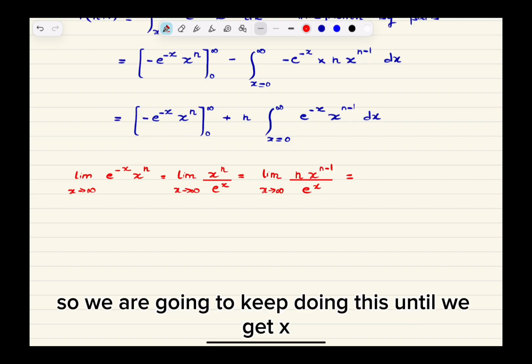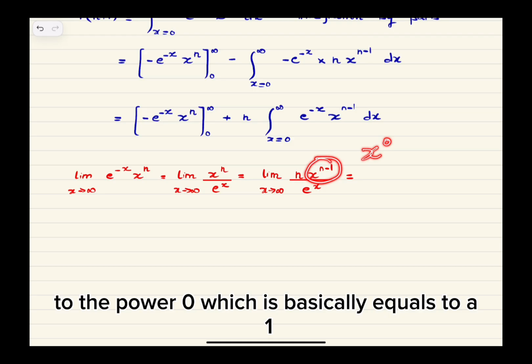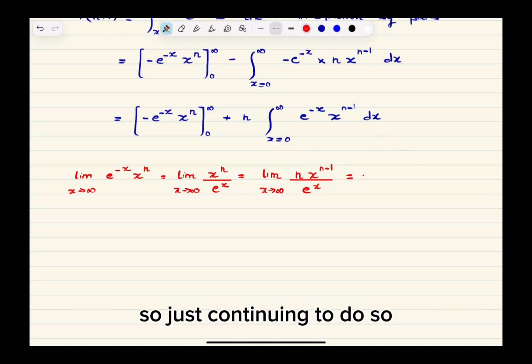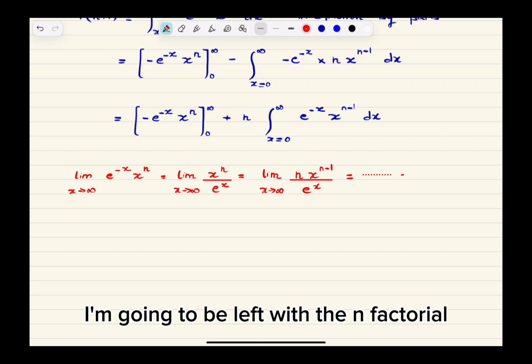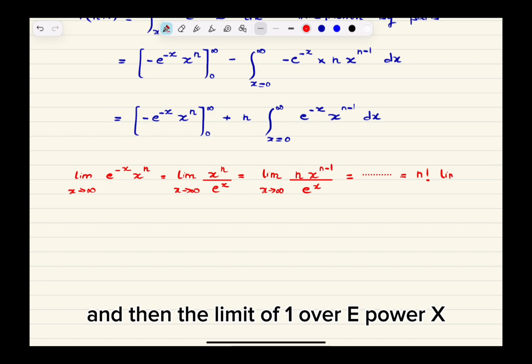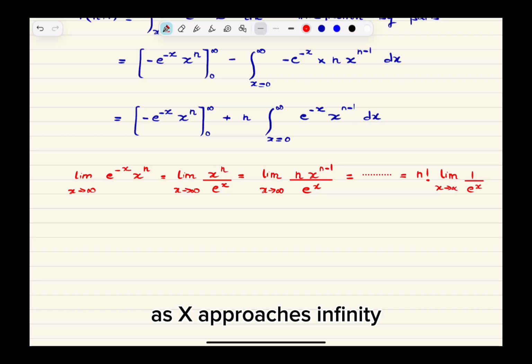So we're going to keep doing this until we get x to the power 0, which is basically equal to 1. Just continuing to do so, I'm going to be left with n factorial and then the limit of 1 over e^x as x approaches infinity.